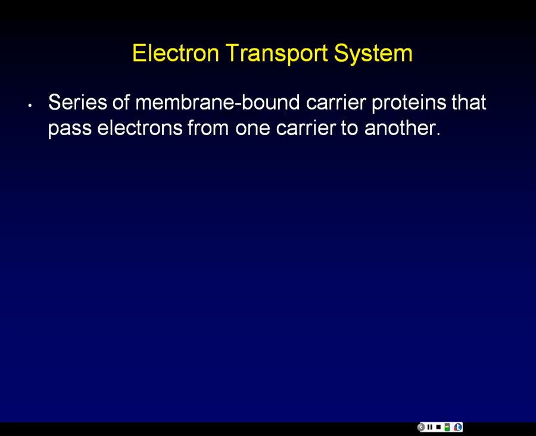And their job is to pass electrons from one carrier to the next carrier to the next carrier. They're protein carriers, and they pass electrons from one carrier down to the next one, down to the next one.